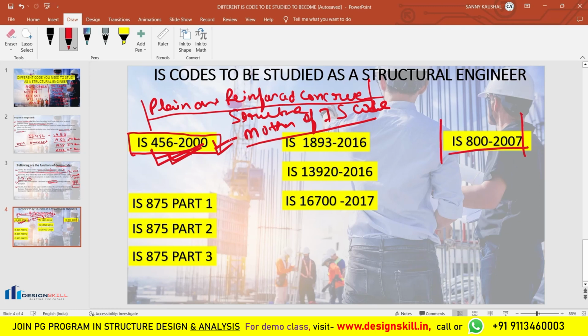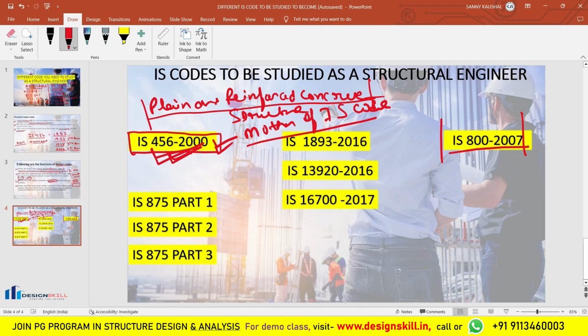Again, I am repeating that this IS 456 2000 code is meant for plain and reinforced concrete structures, and this is the main code because all the other codes are directly or indirectly dependent upon it. The clauses will get directly or indirectly affected by this code.